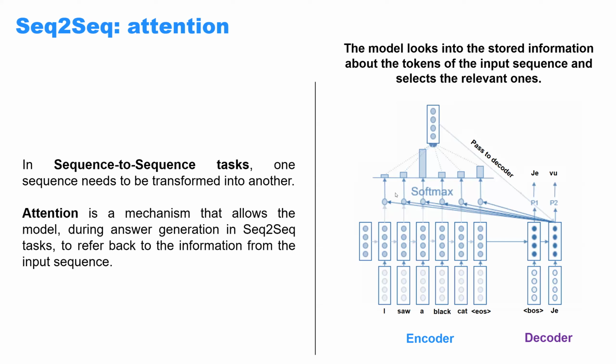With each weight, we multiply every vector from the encoder, and then sum everything up to get one vector with aggregated information about the encoder. Then we just pass it to the decoder and then solve the classification to predict the next word.